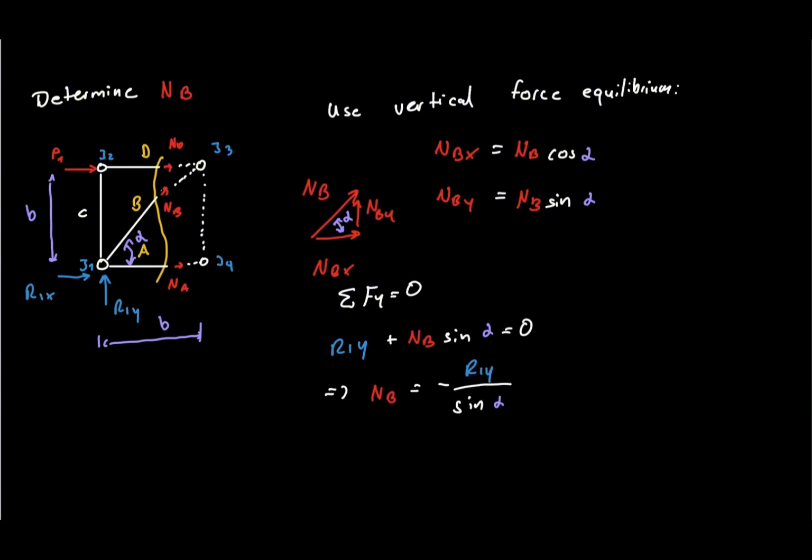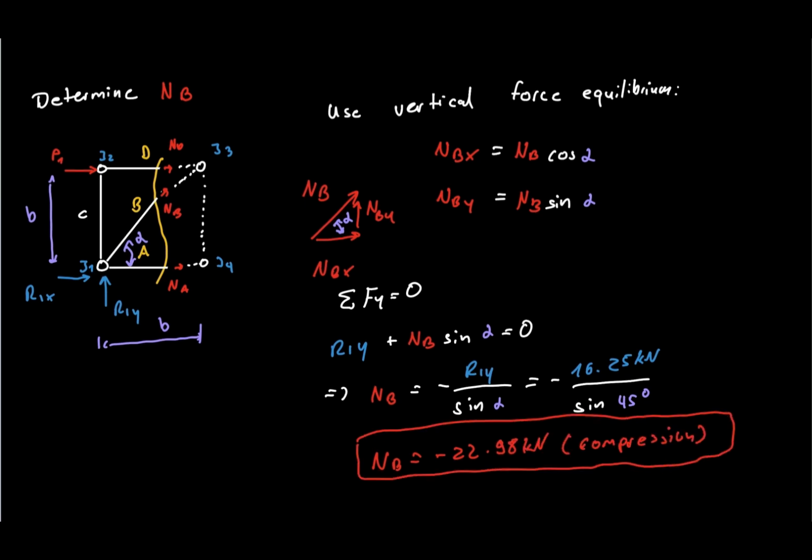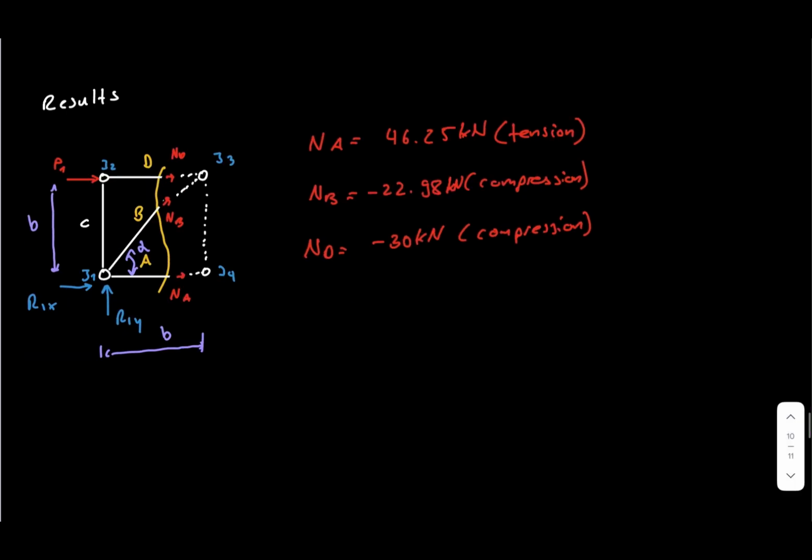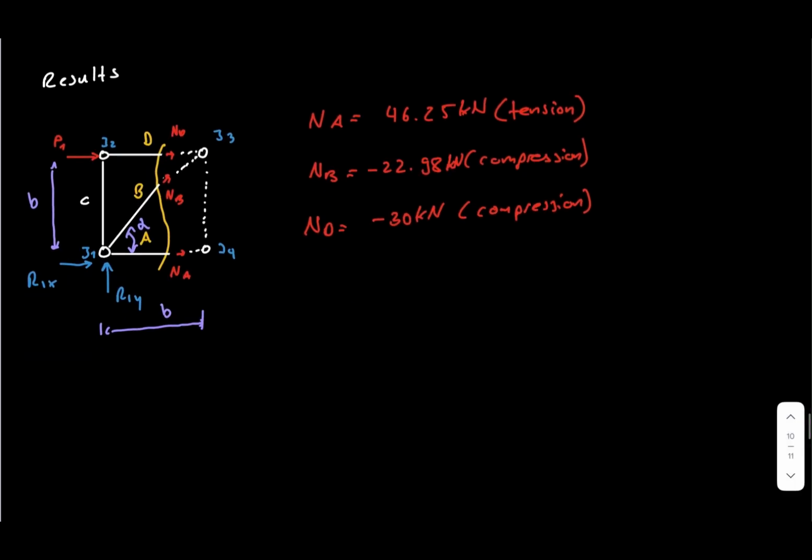Solving the equation gives approximately negative 22.98 kilonewtons. Again, the negative sign means that the member is in compression. Our three results are therefore 46.25 kilonewtons in tension for member A, approximately 22.98 kilonewtons in compression for member B, and 30 kilonewtons in compression for member D.